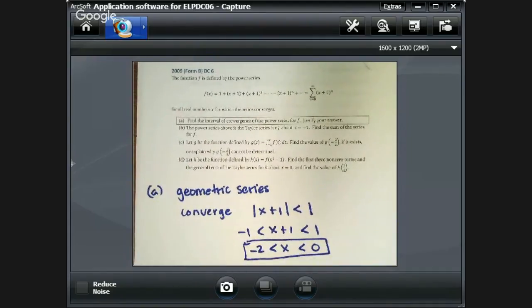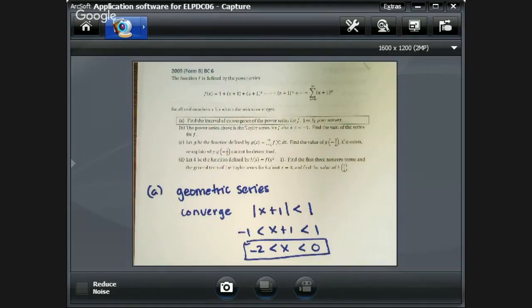I included this problem because I wanted to show you an example where I would not use the ratio test. Since it had 4 parts, clearly, well, maybe not clearly, from the previous examples you see that the ratio test takes up a lot of space and it's worth 5 points. It's not going to have 3 other parts if they expect you to do the ratio test.